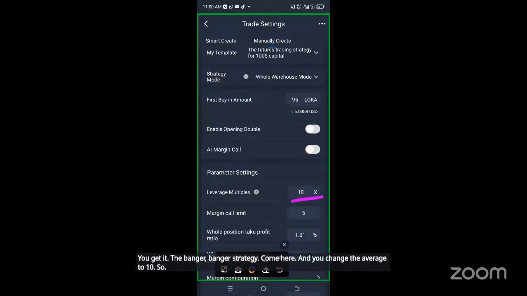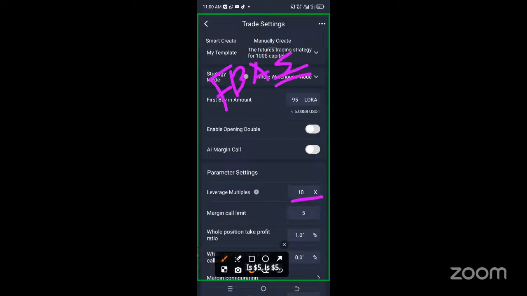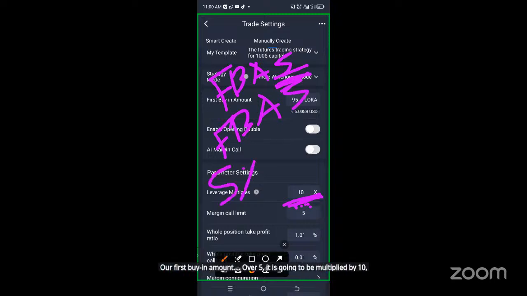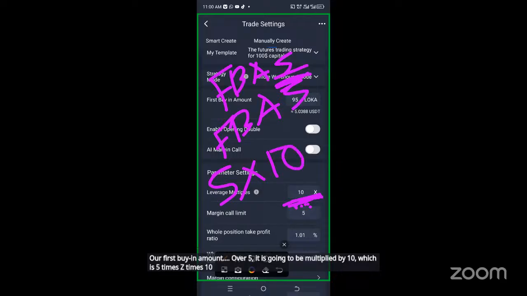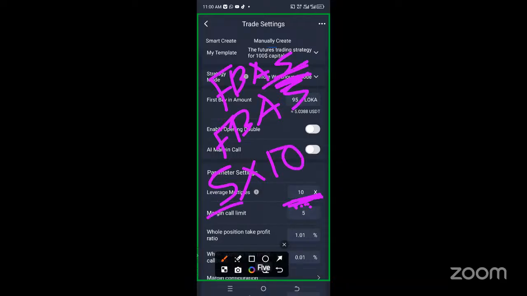So our first buy-in amount is $5. When we choose an average of 10, it means our first buy-in amount of 5 is going to be multiplied by 10, which is 5 times 10. 5 is your first buy-in amount, and 10 is the average that you have chosen.